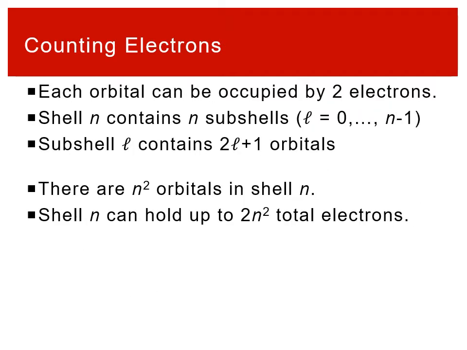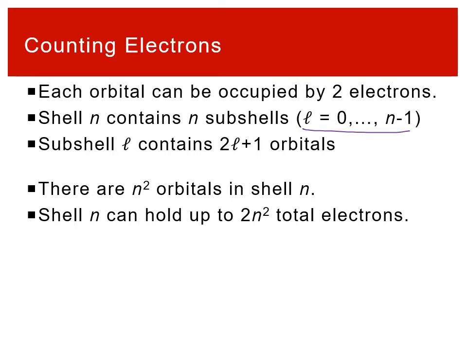What that lets us do is parse everything out and put all of these different relationships together. Each orbital can be occupied by 2 electrons. We know that shell N contains N subshells. That comes from the relationship of those quantum numbers. We also know that subshell L contains 2L plus 1 orbitals.